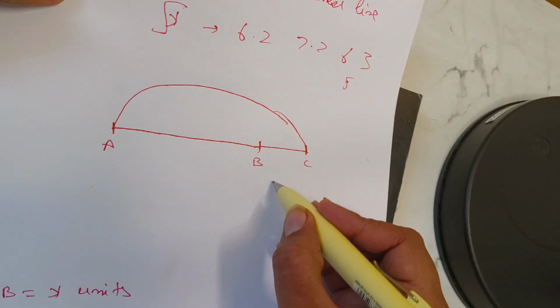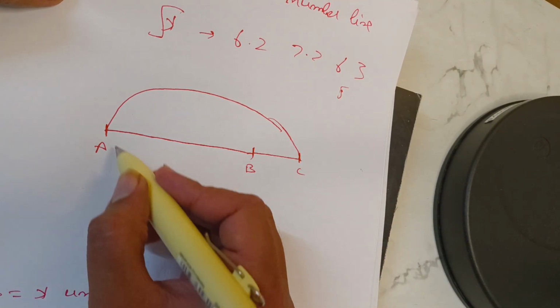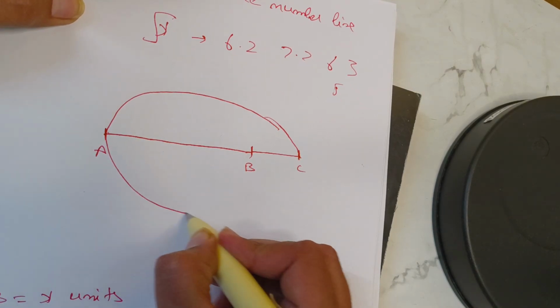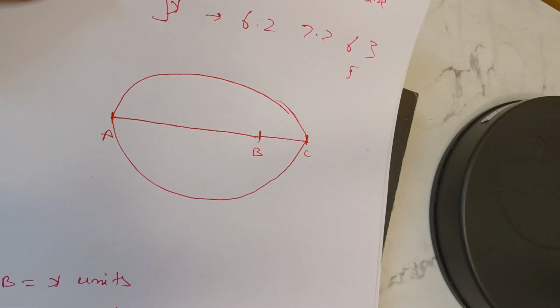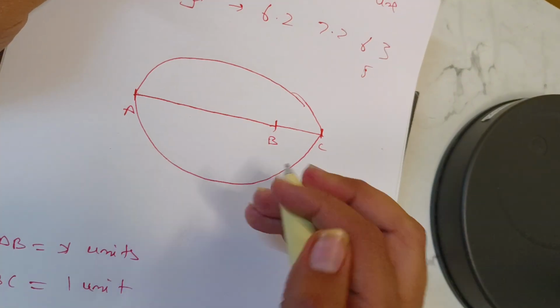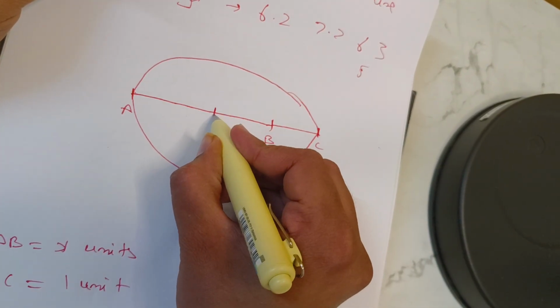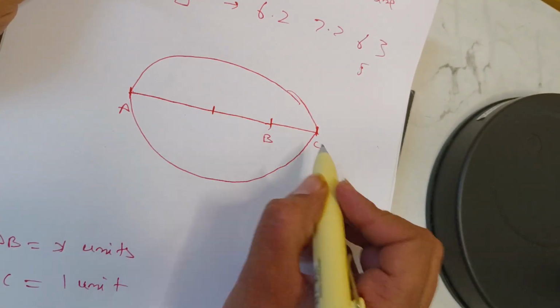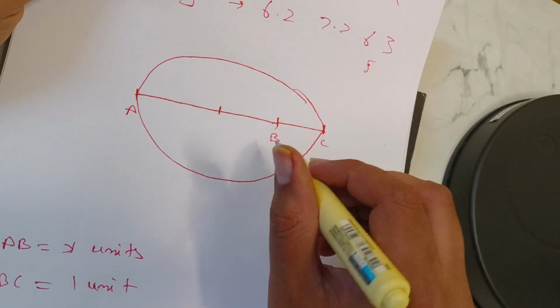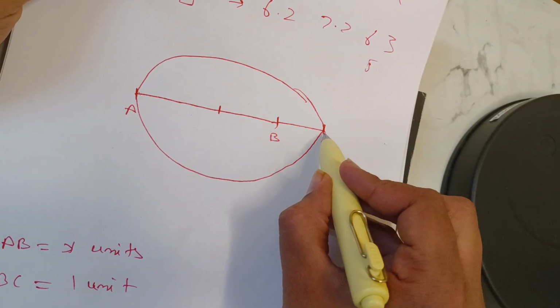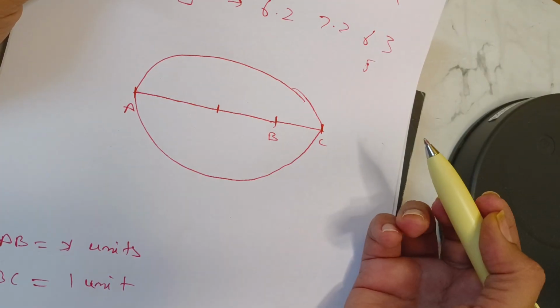We don't need to draw it exactly like this. We will draw a circle taking the midpoint as center. We don't need to mark this. We only need to make sure that AC is the diameter.